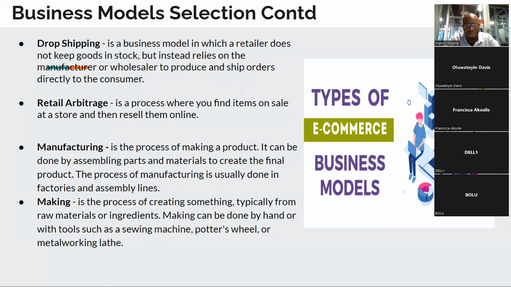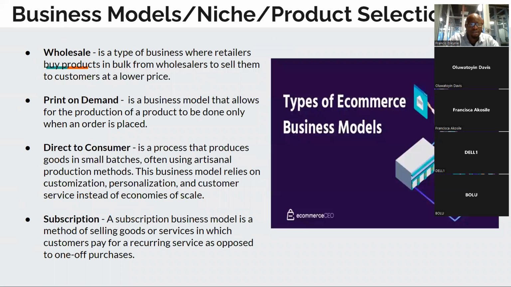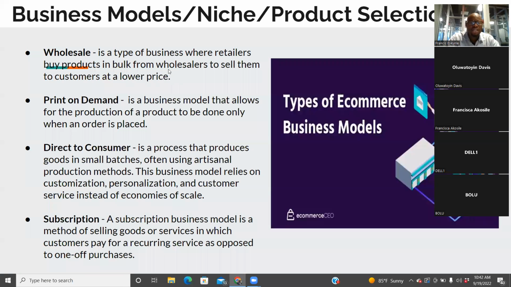Then we also have another business model, which is called wholesale. Wholesale is a type of business where retailers buy products in bulk from a wholesaler to sell to customers at a lower price. That is the most common one.